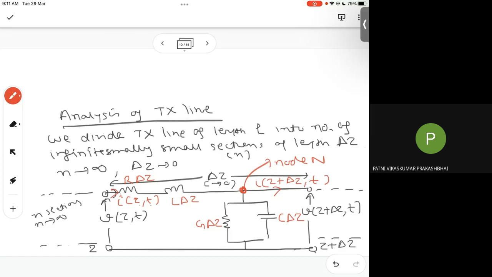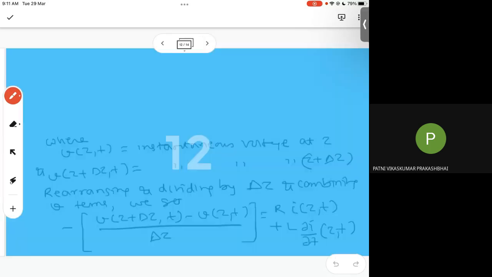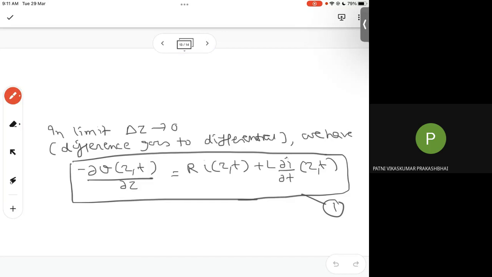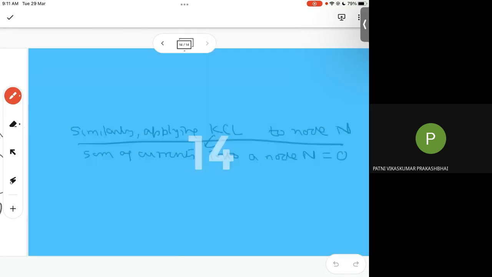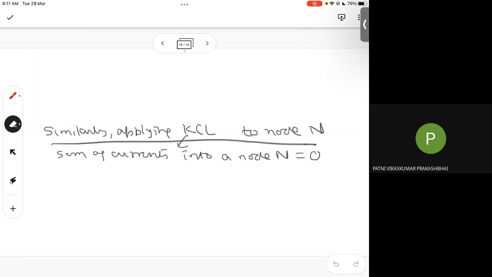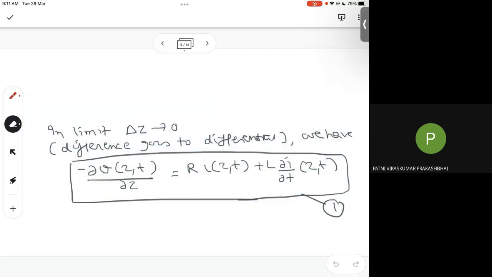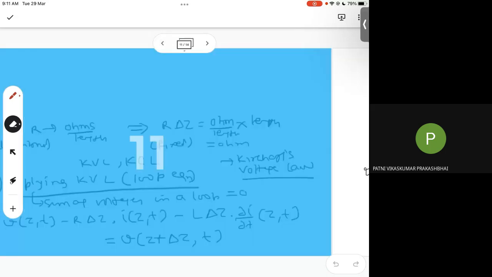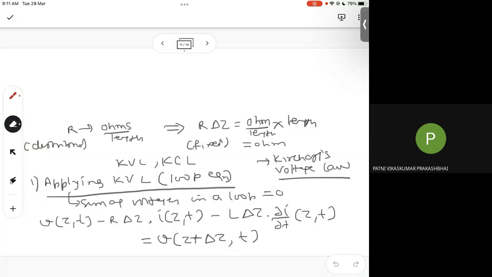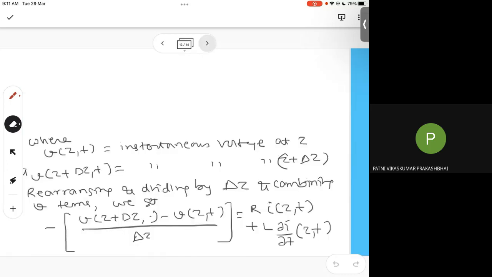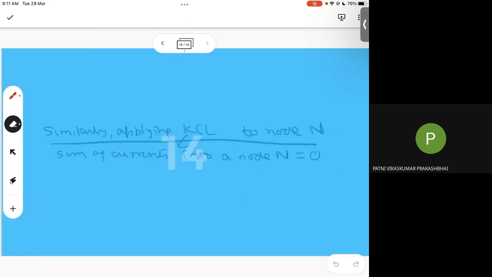So this is my node. In this case, if I have to apply the KCL, just like we did for the KVL in the previous case, which I marked as 1 here, now we go for applying the next step.